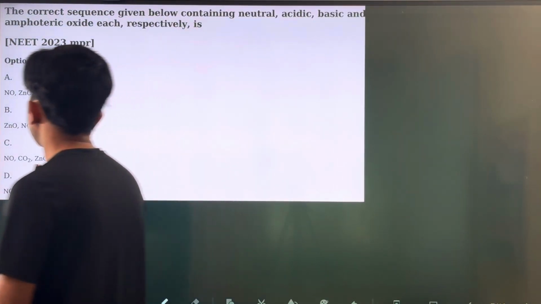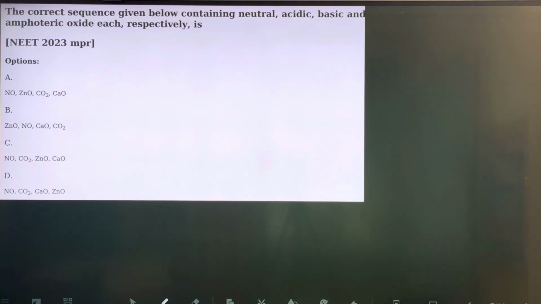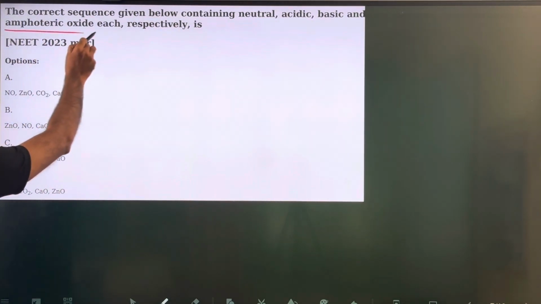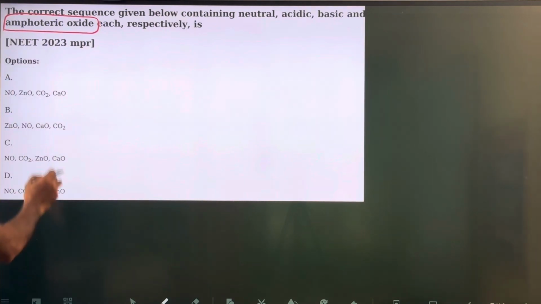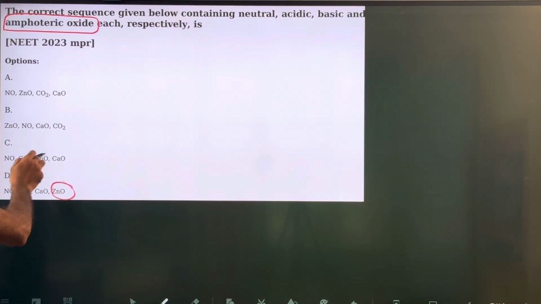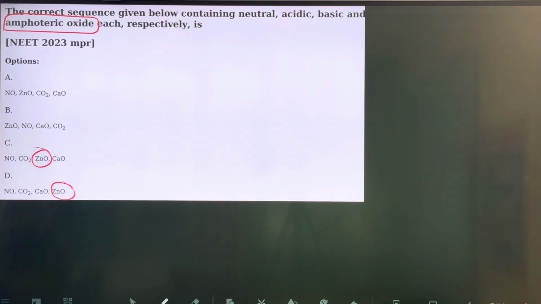Now the correct sequence given below contains neutral, acidic, basic, amphoteric oxide respectively. The last one we have is amphoteric oxide. Zinc oxide is an amphoteric oxide, so ZnO comes in the last place, right?